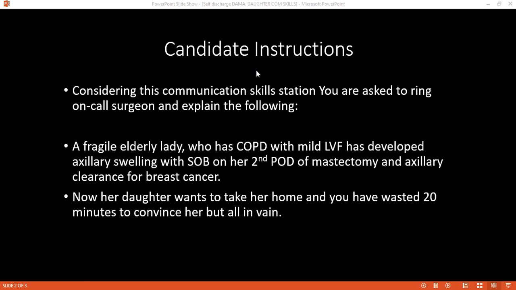Then you come to the first point, and multiple times you said the same thing: the patient is POD2, fragile, with mild left heart failure. I don't think you should repeat these things again and again at every point, because it will take more time.